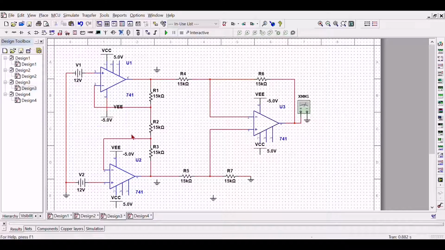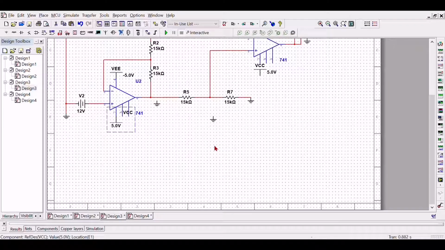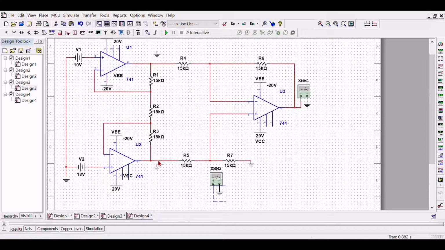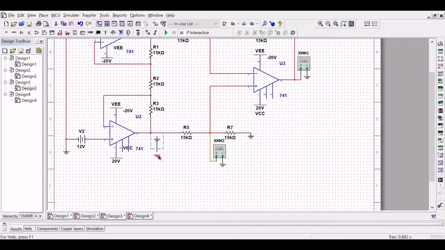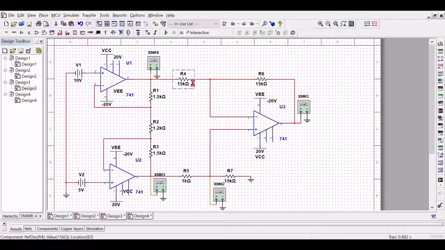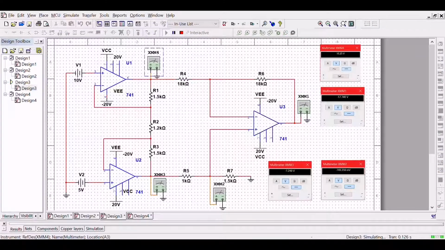For V out 1, I get the value of 16.25, for V out 2, I got negative 1.249, for V3 it is negative 749.259 millivolt, and the last one is V out, which is negative 17.746. All the values that I get are the same as the calculation. So this is proof that the answer I calculated is correct.